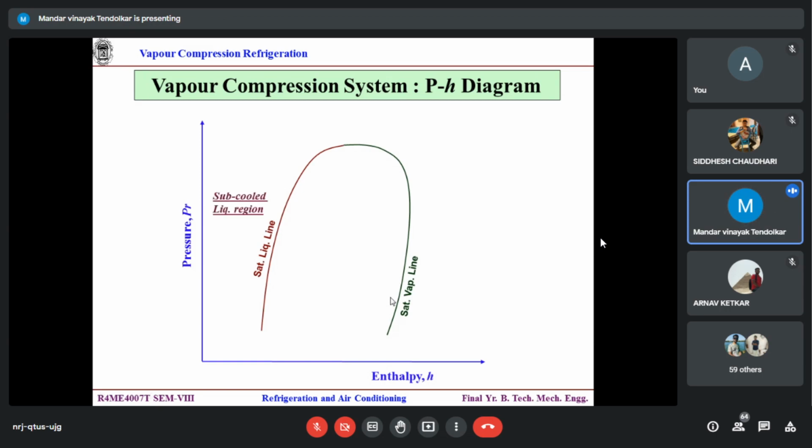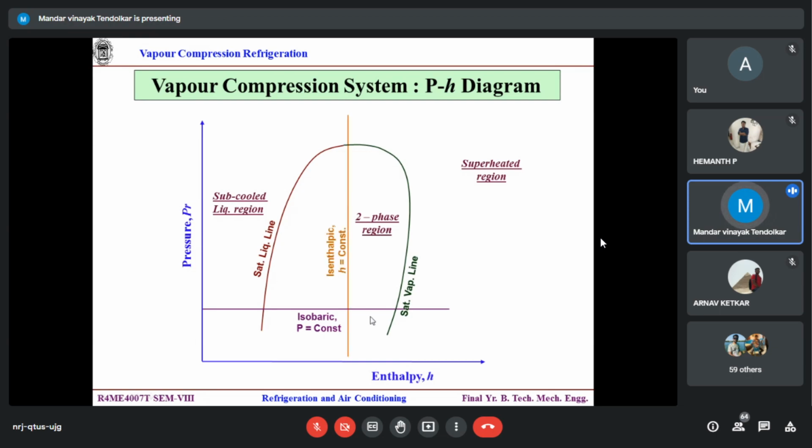So here there is a critical point. Left-hand side is saturated liquid, right-hand side is saturated vapor. This is my subcooled region, same as steam. Then superheated, then two phase. I hope you recollect this two phase and all. Same as thermodynamics.